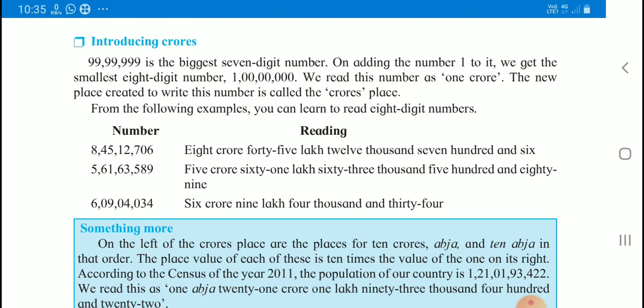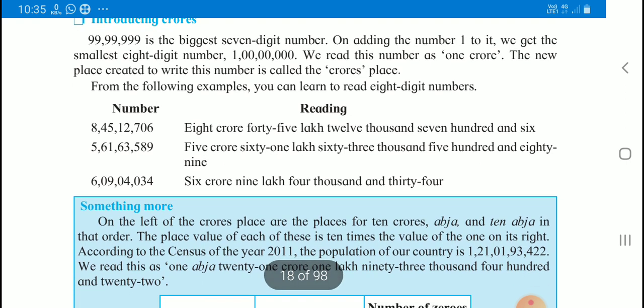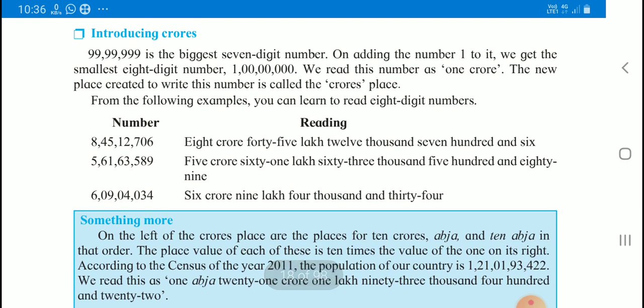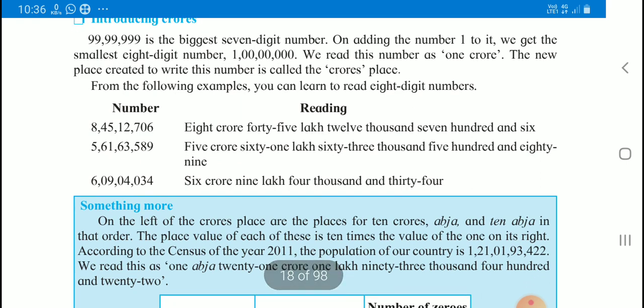On adding the number 1 to it, we get the smallest 8-digit number, that is 1,00,00,000. Here if you see, 1 contains 7 zeros. We read this number as 1 crore. The new place created to write this number is called the crores place.